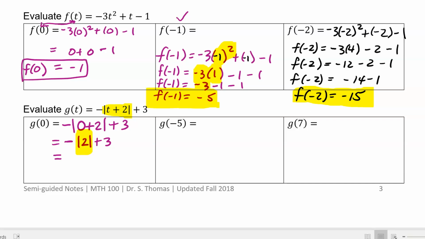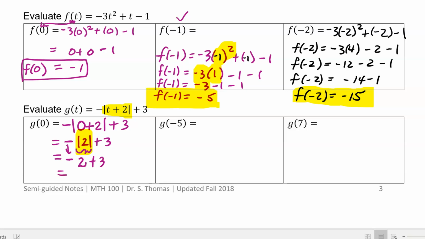But it connects with the negative on the outside, so you still have that negative on the outside. The absolute value of 2 is 2, so you just bring that down. It's just not in the absolute value vertical bars anymore. Plus 3. So that negative is coming from the outside, not from the inside, okay?